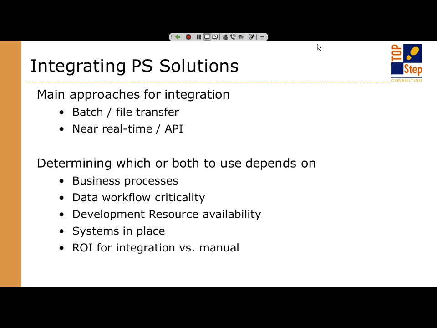So you start thinking in terms of, well, how critical is it for the accounting team to know when something's coming, or when something's been worked? And how does that data workflow fit into their day in the life?